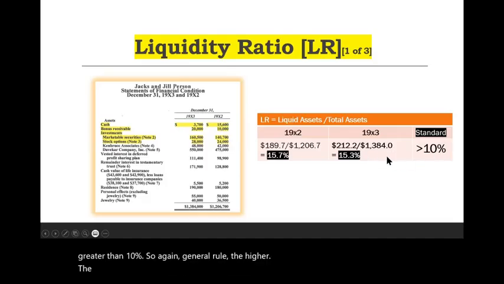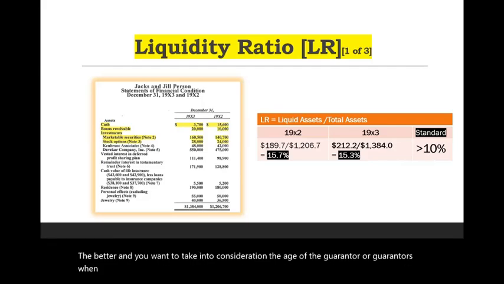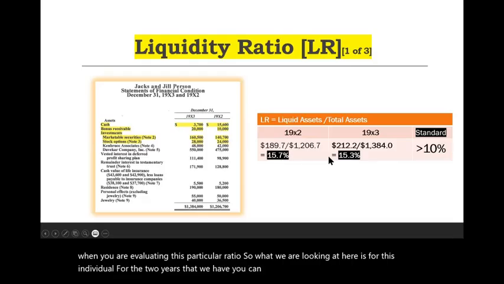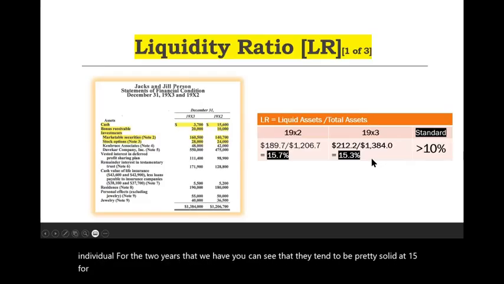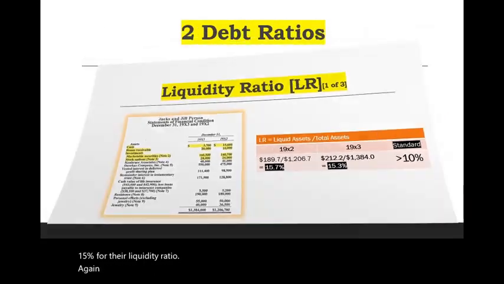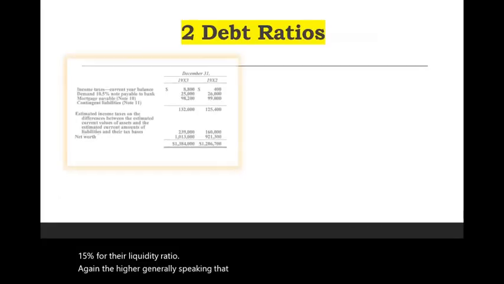And you want to take into consideration the age of the guarantor or guarantors when you are evaluating this particular ratio. So what we are looking at here is for this individual, for the 2 years that we have, you can see that they tend to be pretty solid at 15% for their liquidity ratio. Again, the higher, generally speaking, that ratio is, the better.